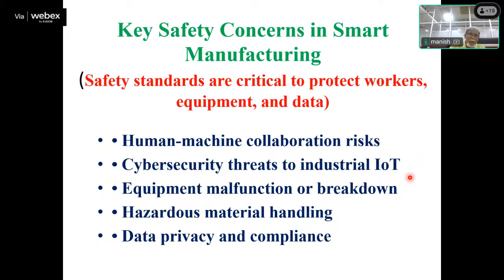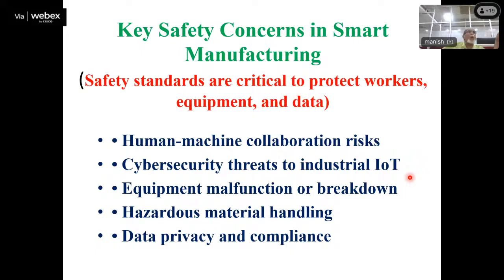Now coming back to the safety concerns, we have different safety concerns. One is the human machine collaboration risk. This is the important thing, that suppose you have to feed something to a robot, and robotic hands pick it up.